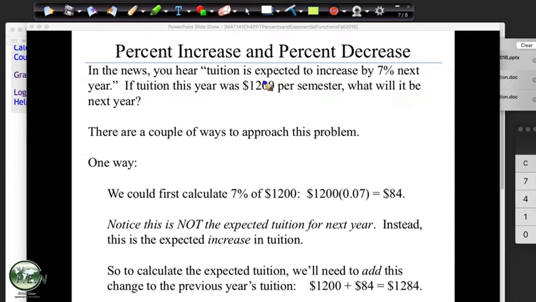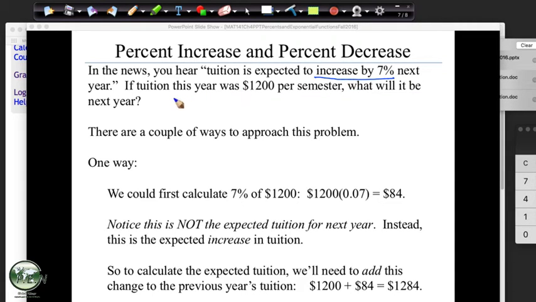In the news, you hear that tuition is expected to increase by 7%. If tuition this year was $1,200 per semester, what will it be next year? The key part is we'll use our proportion, but they want to know the total new tuition, right? So how could we calculate that directly?